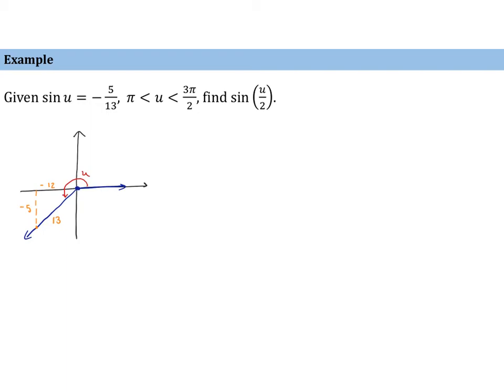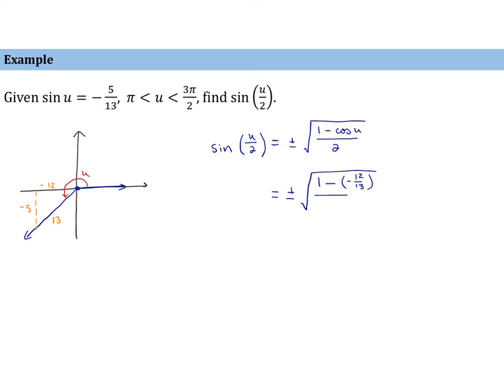So now we know that sine of u over 2 is equal to positive or negative the square root of 1 minus the cosine of u over 2. So that's positive or negative the square root of 1 minus, and then cosine of u, according to our diagram, is negative 12/13, over 2.